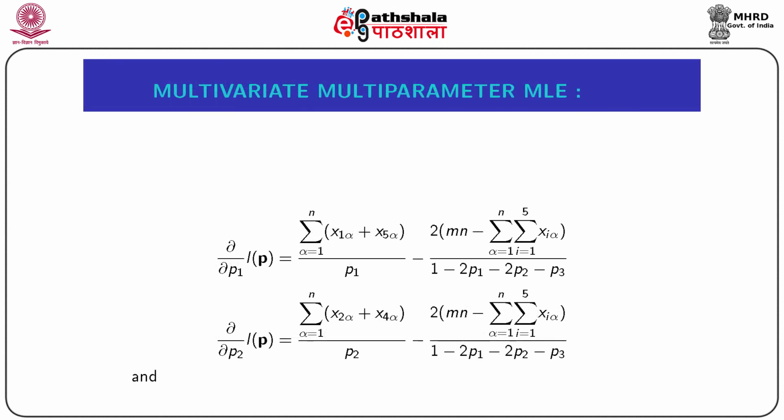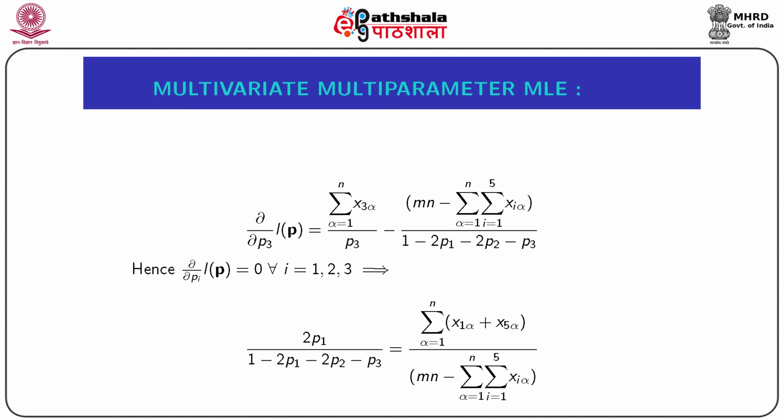Now, the first order derivative of the log likelihood function with respect to p1 gives summation alpha of (x1 alpha plus x5 alpha) divided by p1 minus 2 into (mn minus double summation xi alpha) divided by (1 minus 2p1 minus 2p2 minus p3). Similarly, we will get the partial derivatives of the log likelihood function with respect to p2 and p3.